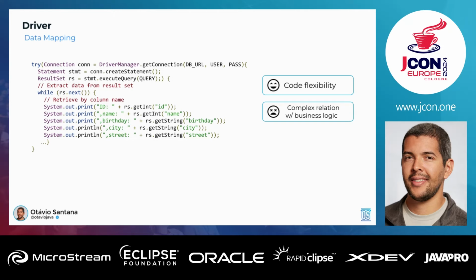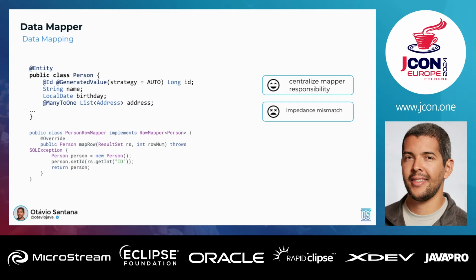To decrease that complexity on our side, of course, we have the data mapper, where the main goal is to convert or translate from one layer to another. So I have my database, and I need to convert that to my application. I can do it manually, for example with Spring JDBC, or by annotation using Hibernate, Eclipse and so on.